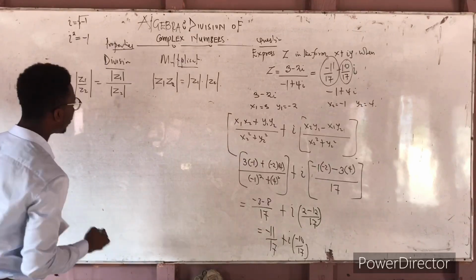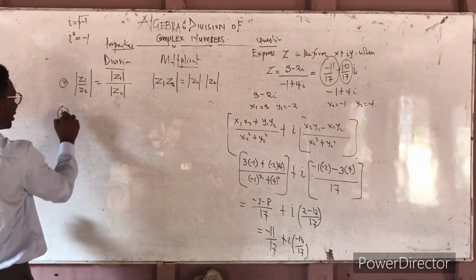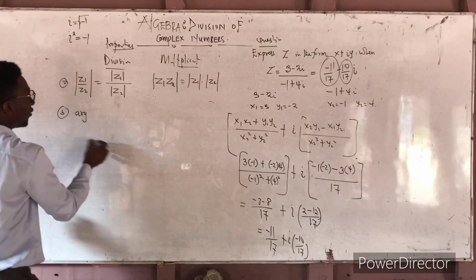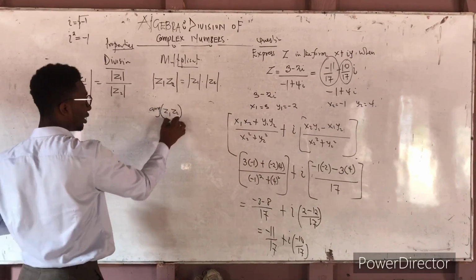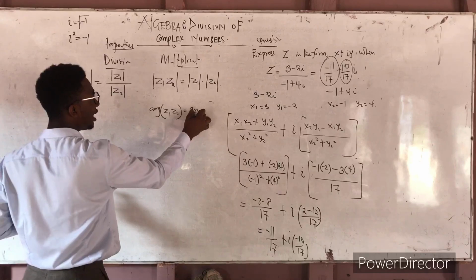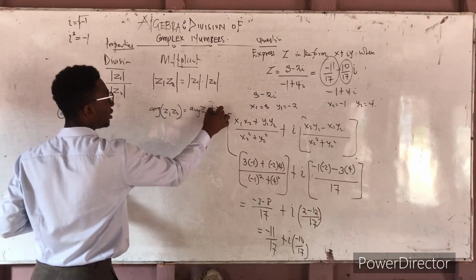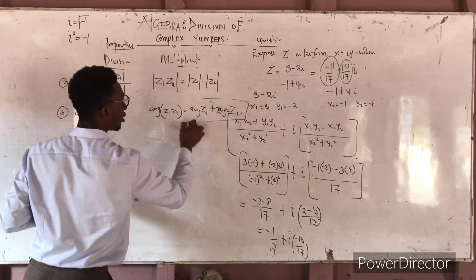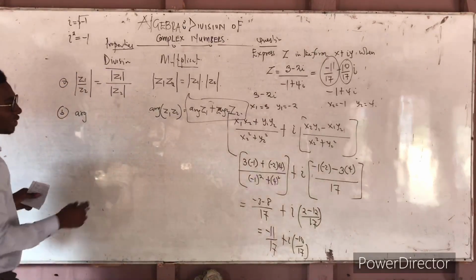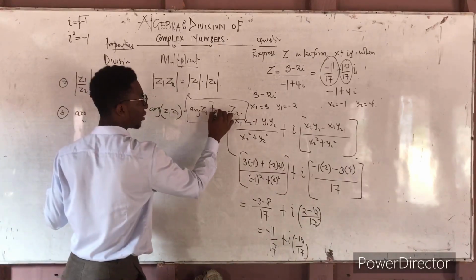And B, it says that anytime you have the argument for multiplication, if you have the argument of the multiplication of the two complex numbers, it is equal to the addition of their individual arguments.